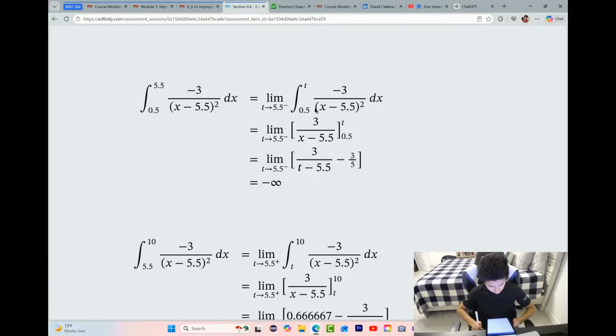Hold on. Did I do this right? So, okay, the 12, I think it's good. Minus. Negative 1 over negative 10.